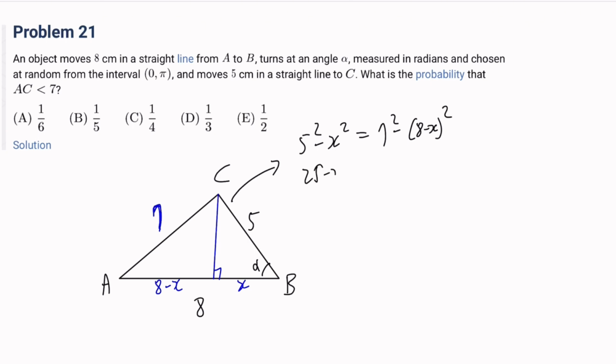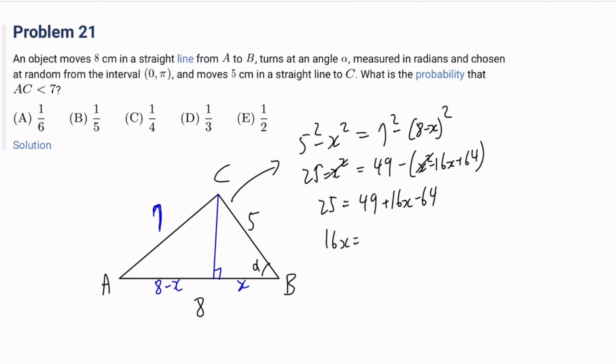So we get 25 minus x squared equals 49 minus x squared minus 16x plus 64, and so x squared cancels, so 25 equals 49 plus 16x minus 64, and so 16x equals 64 plus 25 minus 49, and so this equals 40. x equals 40 over 16, which equals 5 over 2. So x equals 5 over 2.